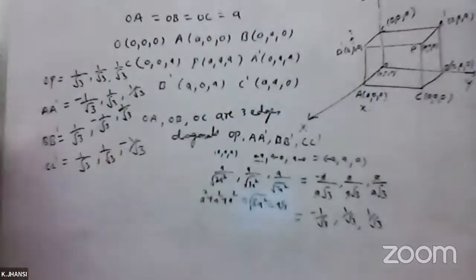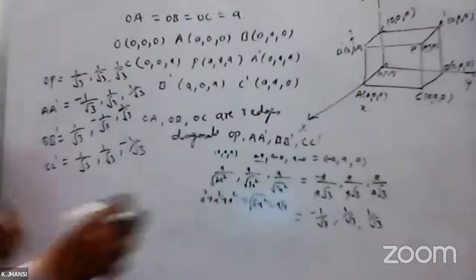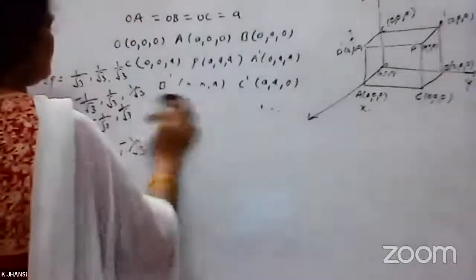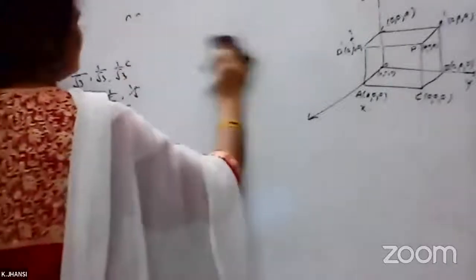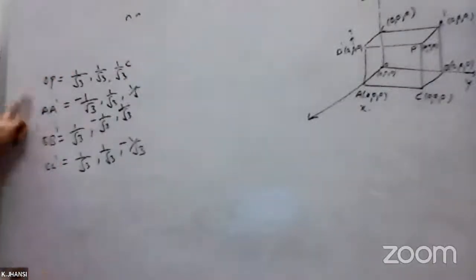Okay. So if we substitute all these values in the formula, that is cos square alpha, cos square beta, cos square gamma. When you convert them into L, M, N, you will get the cos alpha value with OP, A dash, BB dash and CC dash.